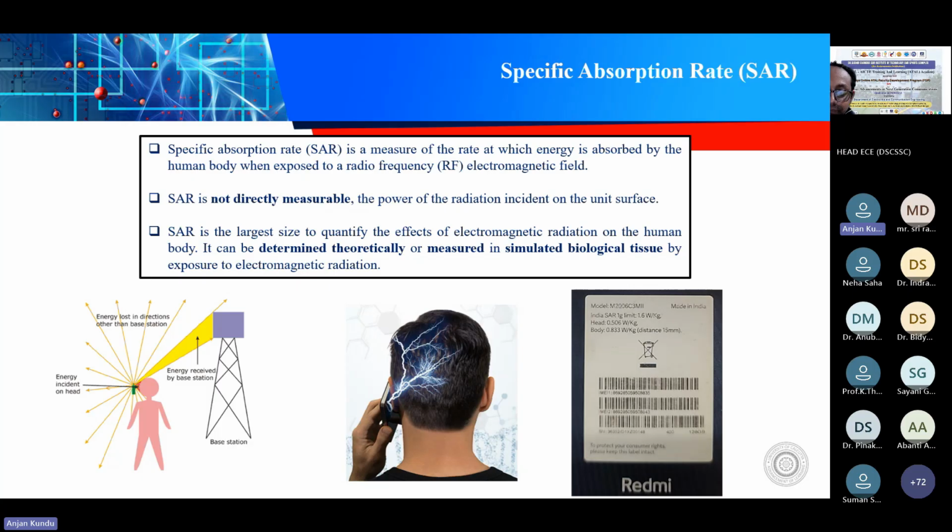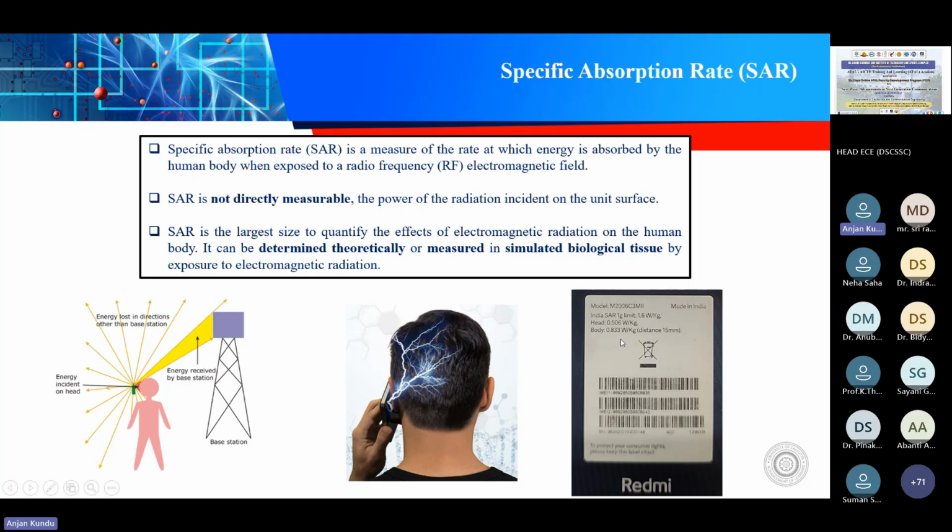There is a term known as SAR. Everyone is aware of the SAR, but we do not actually want to show it. If you look at the back of a mobile, this is the picture of the back of my mobile.